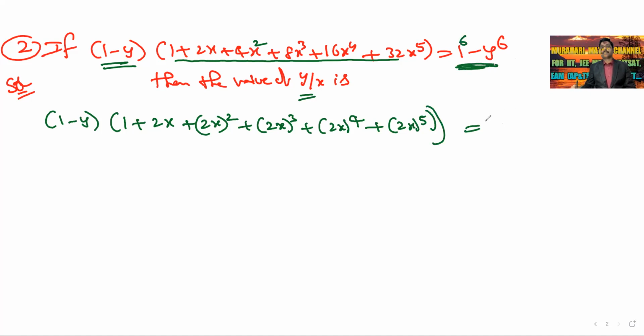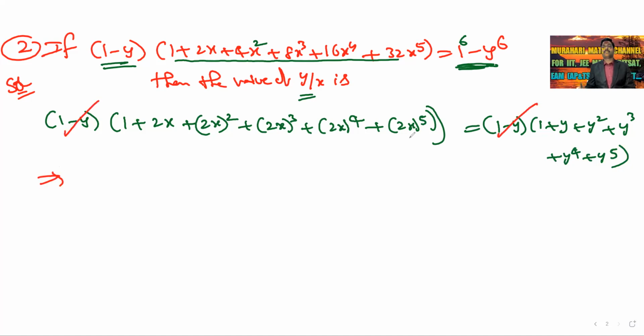Okay, this factors as 1 minus y into 1 plus y plus y square plus y cube plus y to the power 4 plus y to the power 5. On both sides, 1 minus y gets cancelled.